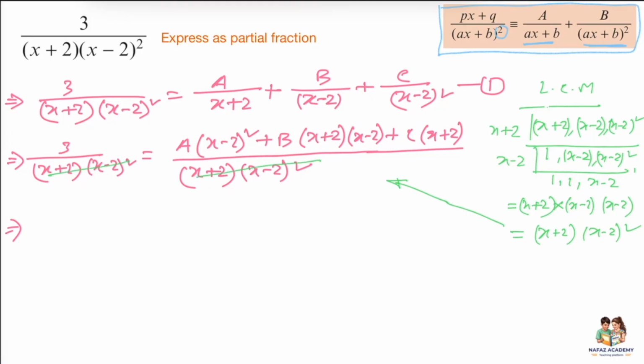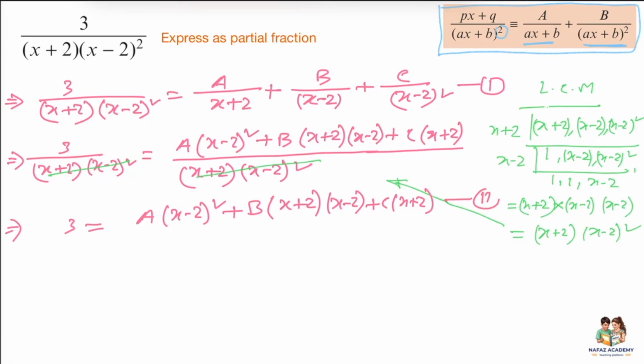Both are the same, so cancel out. 3 equals the rest of the expression: A times (x minus 2) squared plus B times (x plus 2)(x minus 2) plus C times (x plus 2). It is equation 2.